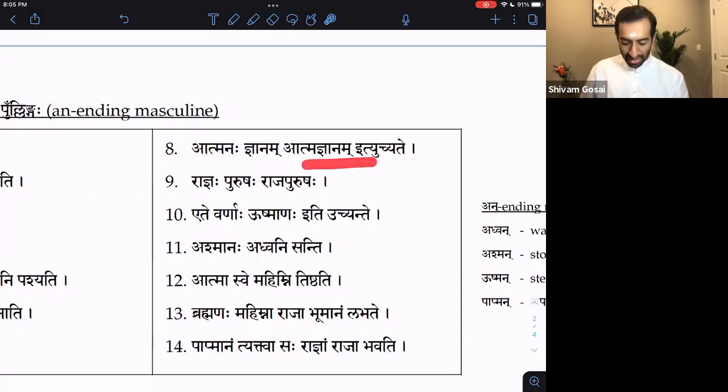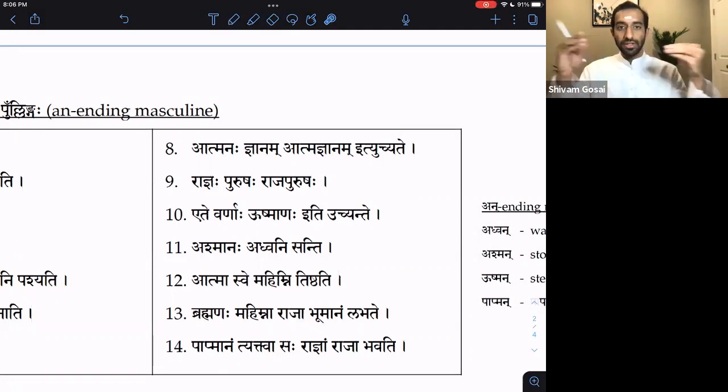So when I say Atma Jnanam, it's Atmanaha Jnanam iti Atma Jnanam. Iti means in this manner, or it's giving a quote. Uchyate, it is called. So when I'm breaking apart a samasa, this compound word, into its two parts, it looks like this. This is how we make that formation.